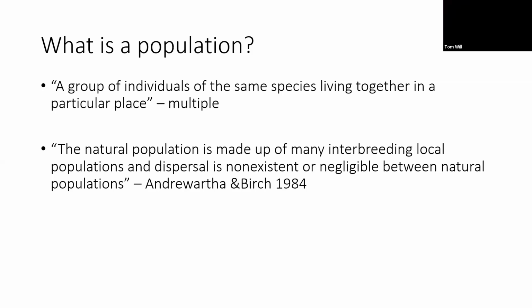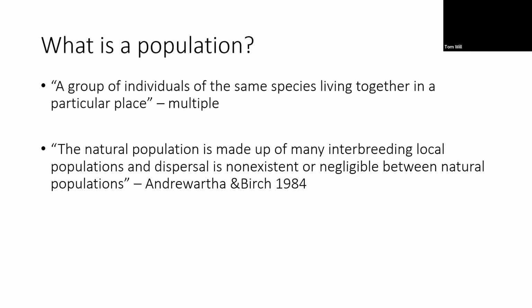So individuals that are going to interact with each other and have the possibility of breeding, which we can come back and talk about later. And in order for that to happen, you need dispersal, right? So it's the scale at which dispersal is happening within that unit and not between units. So these are isolated populations in terms of demography, movement, and gene flow. That's a better conceptual definition.